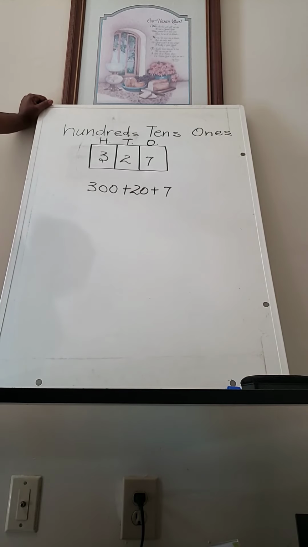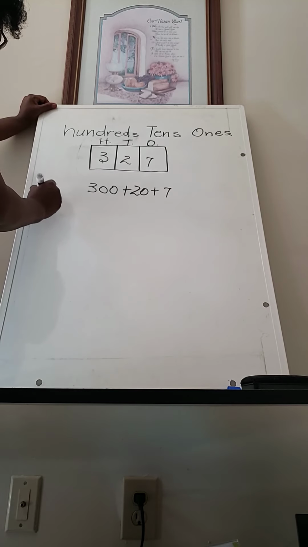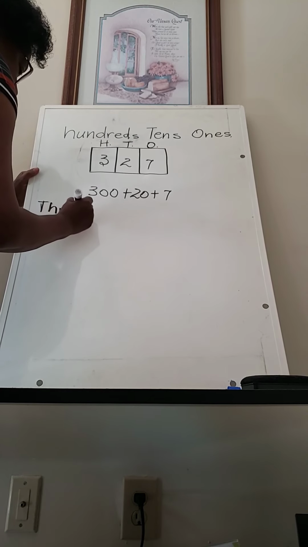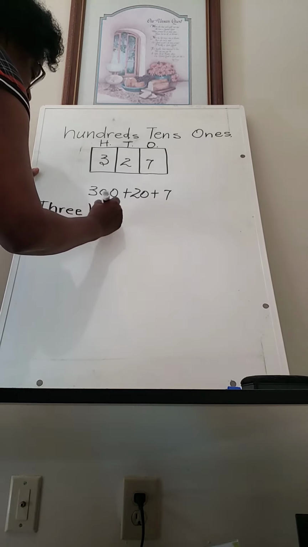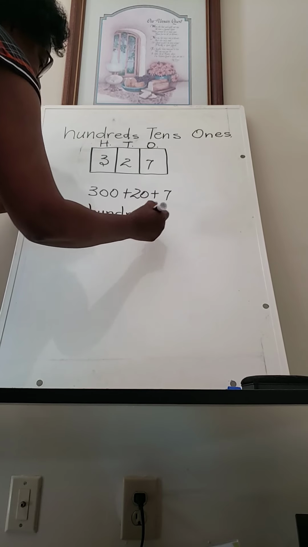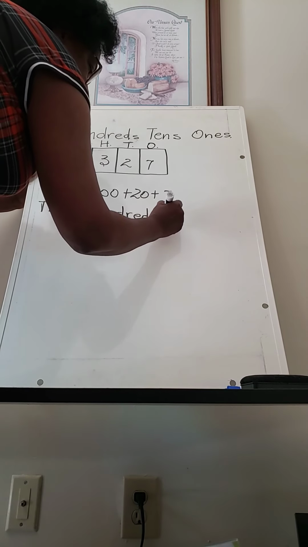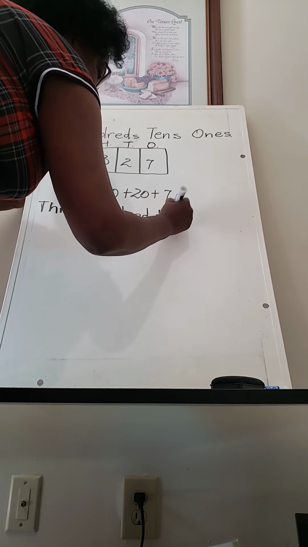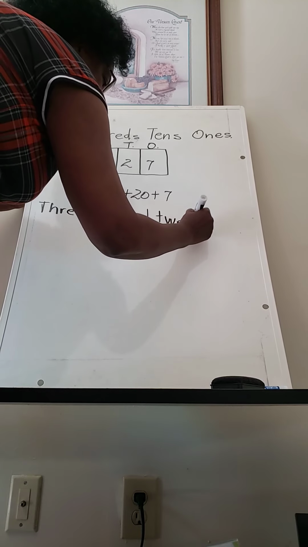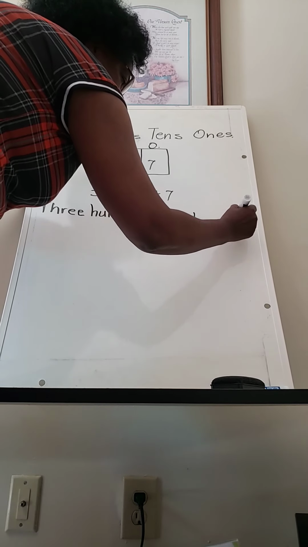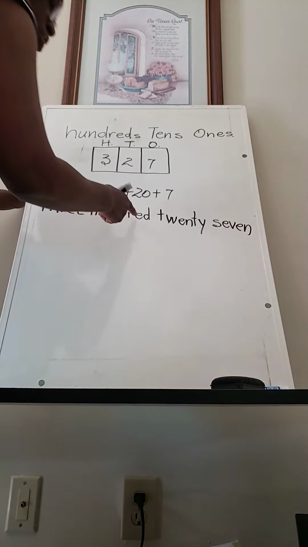We can also write it in word form. So word form would be 300 and 27, 327.